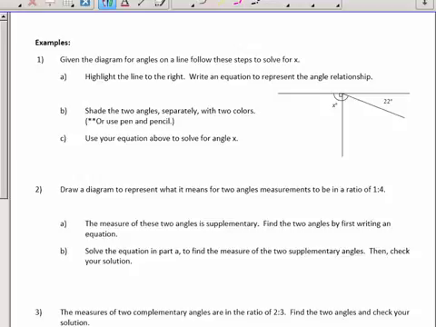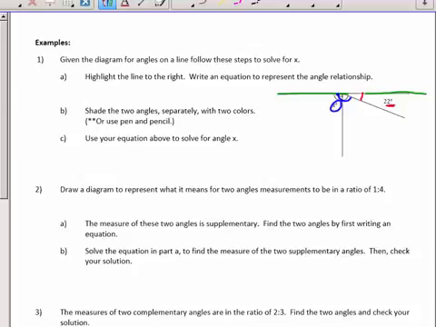But here is the angle, the big angle that we're talking about. It's a straight line. Well, what is making up that straight line? That straight line is being made up of this angle, which is called x, and of this angle, which is 22.